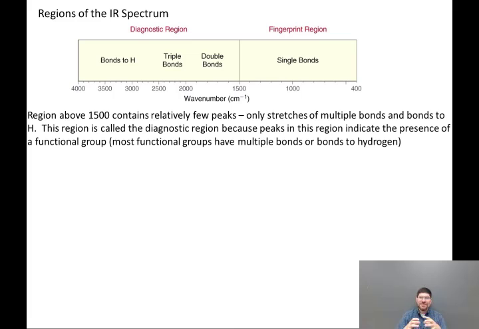Then, in terms of carbon-carbon stretches, triple bonds are stronger than double bonds, which are stronger than single bonds. So it takes more energy, a higher frequency of IR radiation, to stretch a triple bond than it does to stretch a double bond, which subsequently requires more energy than is required to stretch a single bond.